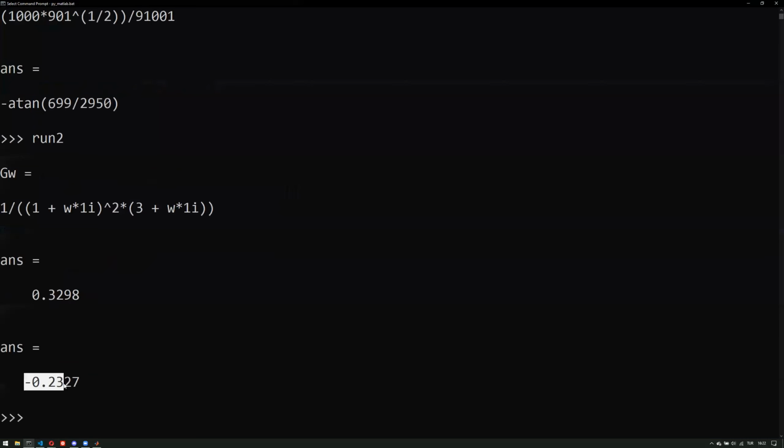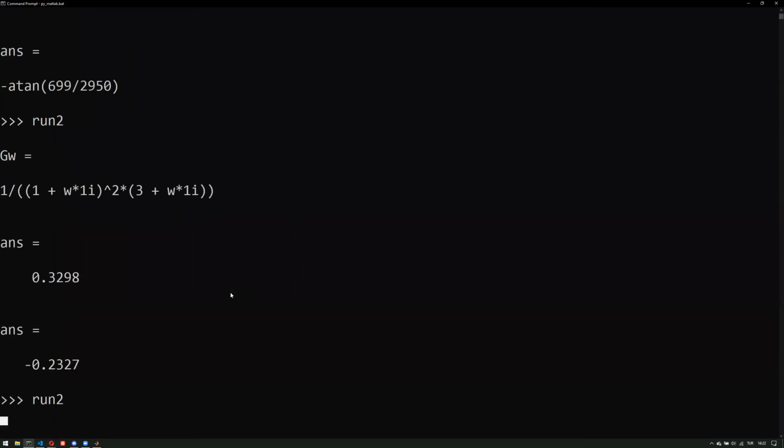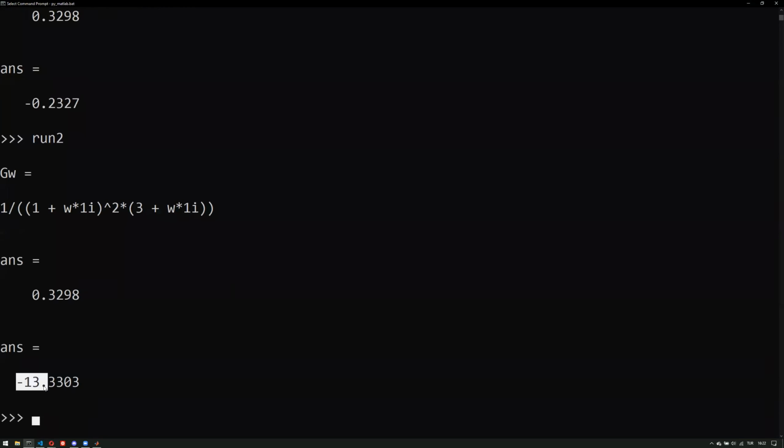0.3298 and minus 0.2327. Now, what does this mean? Well, this is the gain, so it will reduce down to 0.32 instead of 1. But this is kind of interesting because now this is actually in radians, as far as I remember. So you can use atand in order to convert it into degrees. Now it's minus 13 degrees.